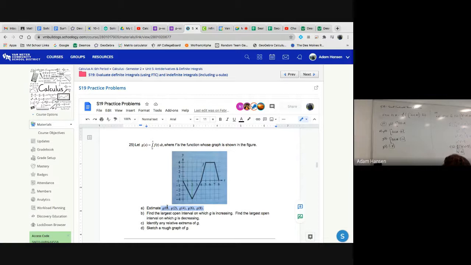Goodness, I got to do g of 6 and 8 next. What would g of 6 be? I'm going to accumulate more area and go further to the right on the graph of f.